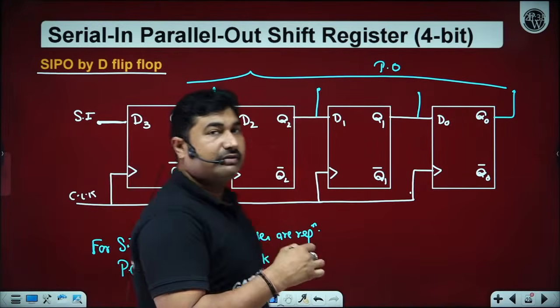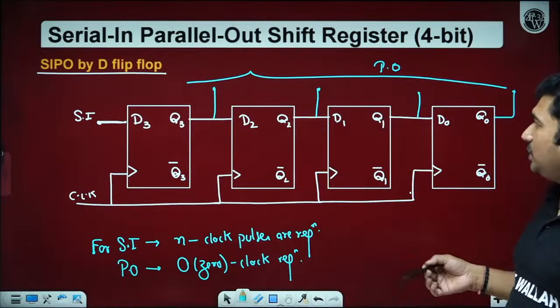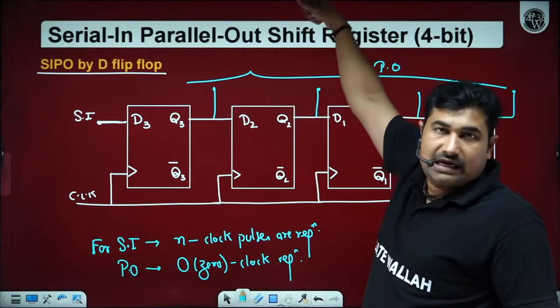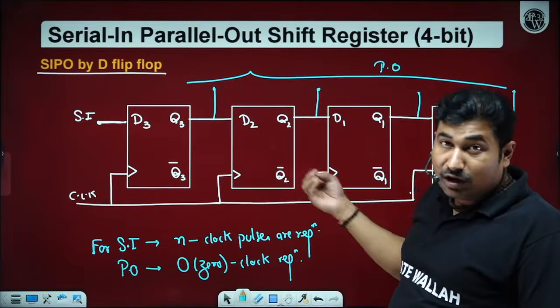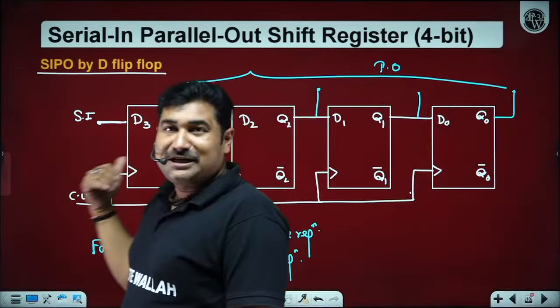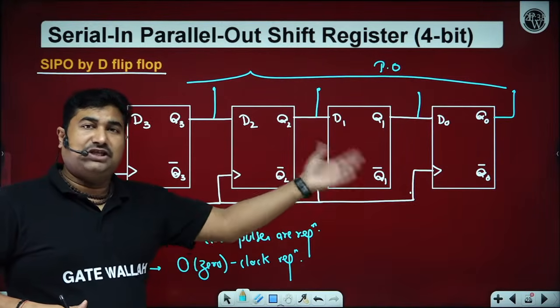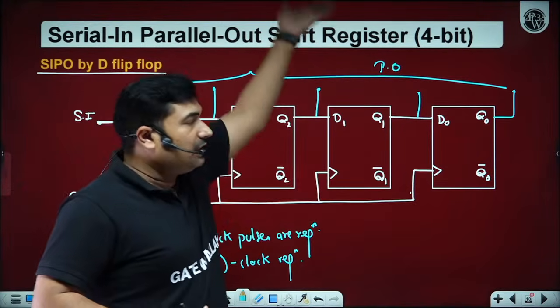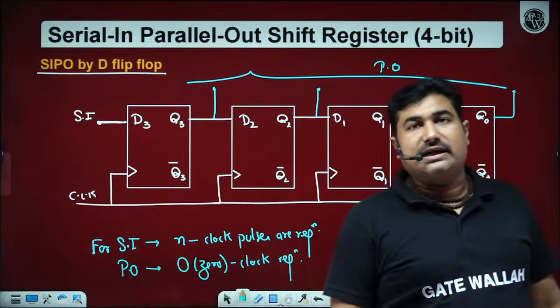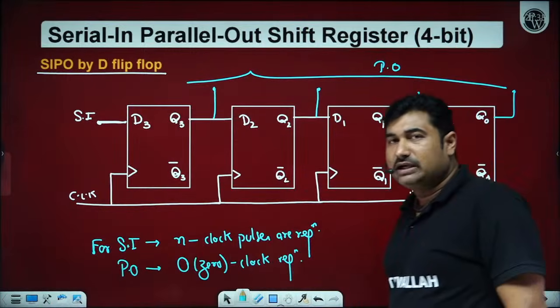Because whatever data is on Q3, Q2, Q1, Q0, you can just take out. If you give a clock, the data gets changed. That is why we say temporal data, because in every clock pulse the data gets changed. So it also acts as a temporal code to spatial code converter circuit.